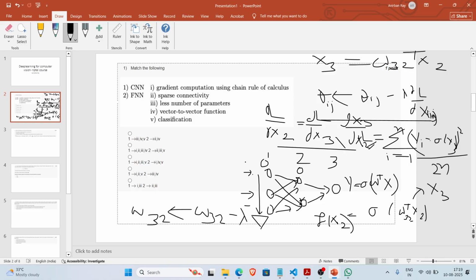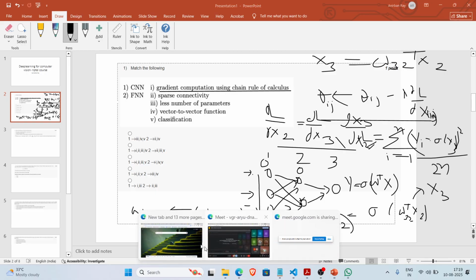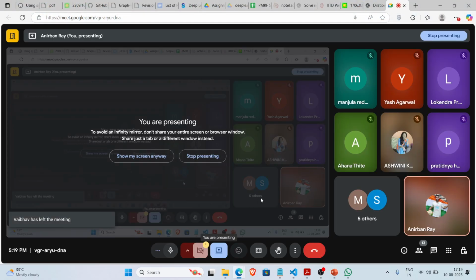This is the way you have to do it. In the gradient computation you need to use the chain rule of calculus. So this one is correct. Clear? Any doubt?